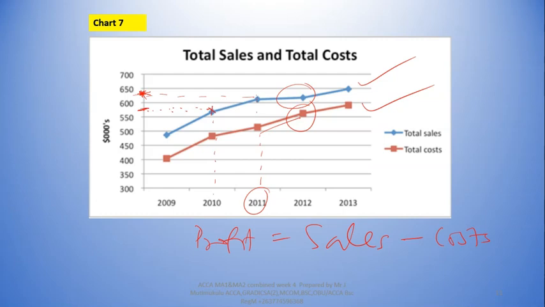Let's say it's 570, minus the cost at that level, which is 480, and you should get 80 as your answer. That's how you need to lead yourself. The graphs are going to come this way, but you mustn't panic. All right, let's move on.